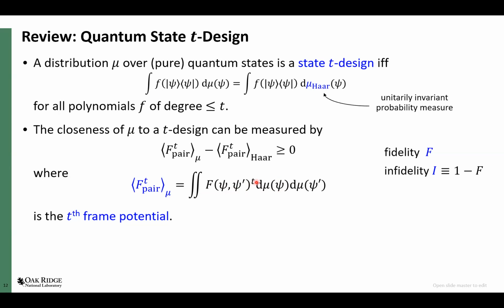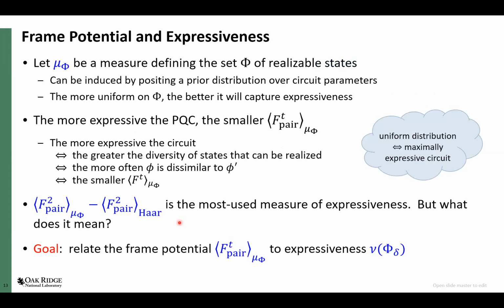Then you integrate, taking the expectation value. This is called the Tth frame potential. It turns out this difference is greater than 0, and the closer it is to 0, the closer your distribution is to the uniform. And so that relates to expressiveness.